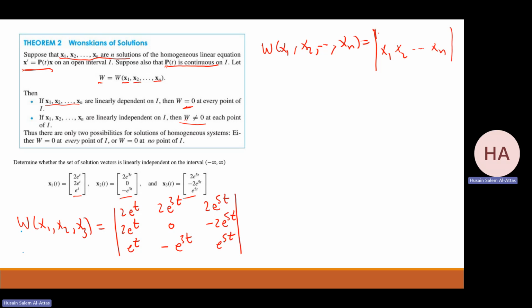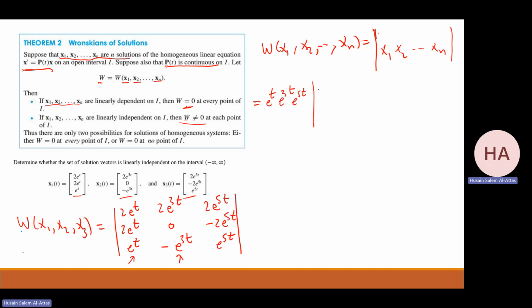How to deal with this determinant? I know that multiplying a function or constant into a determinant is like multiplying one column or one row. So I can take e to the power t from the first column as a common factor, e to the power 3t from the second column, and e to the power 5t from the third column.